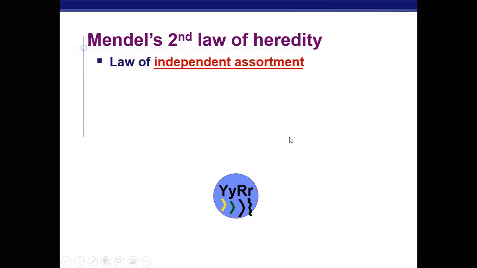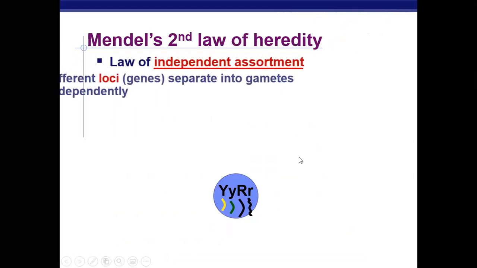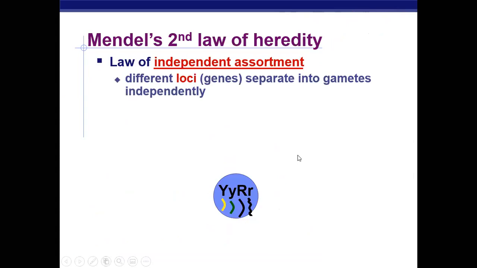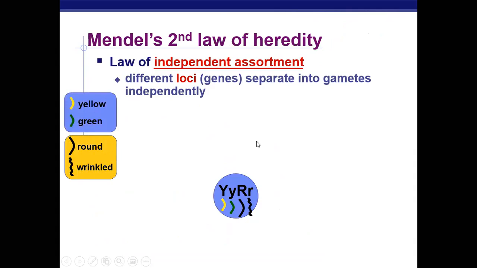So this is Mendel's second law of heredity, the law of independent assortment. The different genes or loci, which is what a gene is located at, separate into the gametes independently. So color is separating independently of shape.